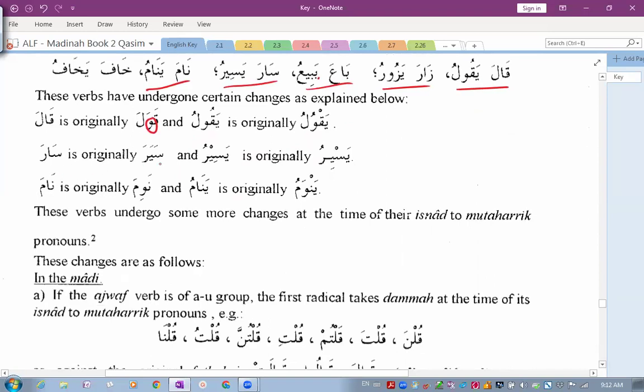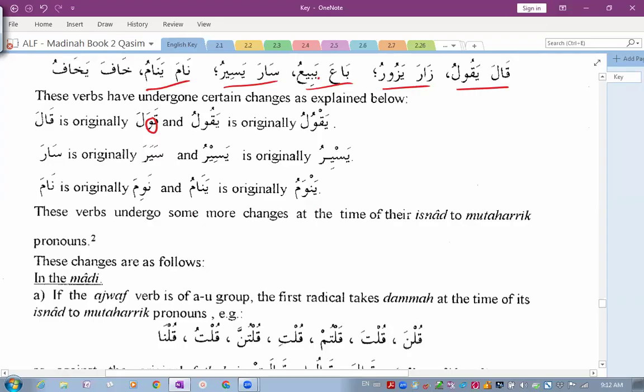Sara is originally sayara, and yasyiru is originally yasyiru and becomes yasiru. Nama is originally nawima, and yanamu is originally yanwamu. So those changes take place. Why do those changes take place?